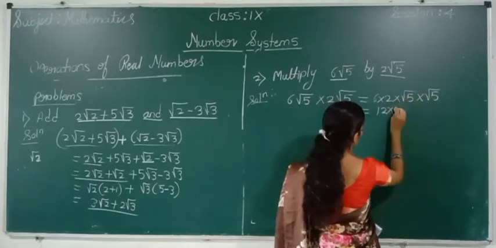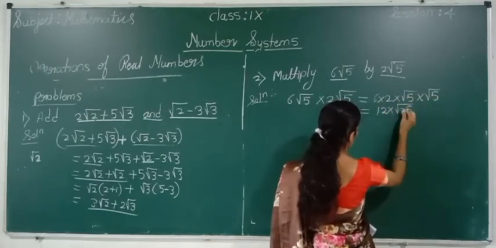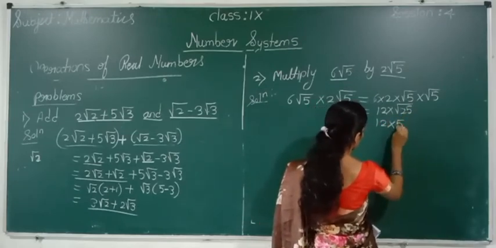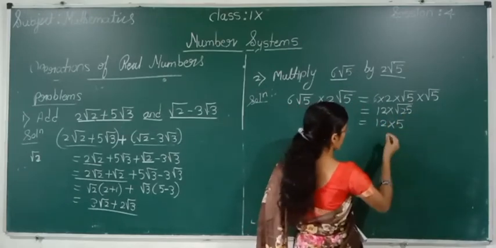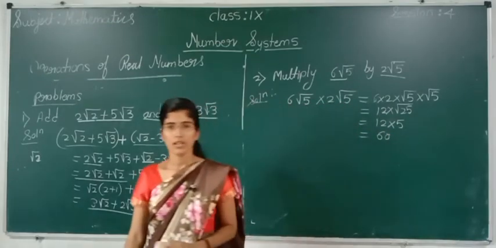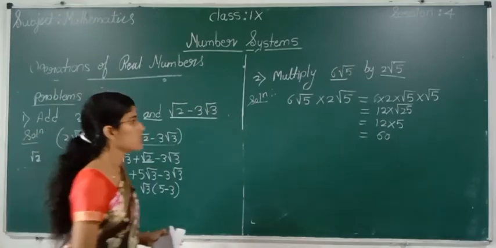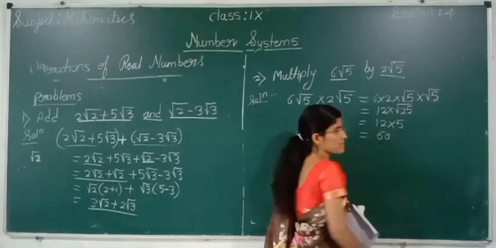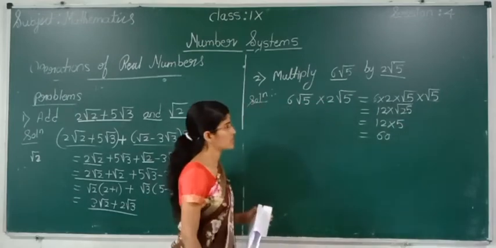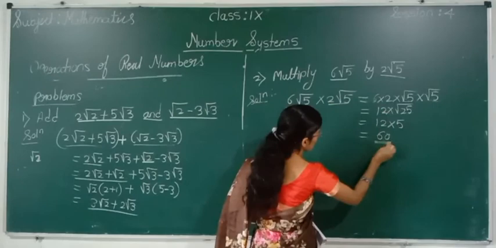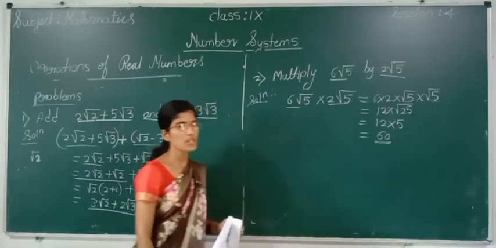Root 5 into root 5 is root 25. 12 into root 25, the square root of 25 is 5. 12 5s are 60. See, whenever it is a multiplication, we can multiply this, but not in addition. Now see here, we took two irrational numbers, but the answer is coming out as a rational number.